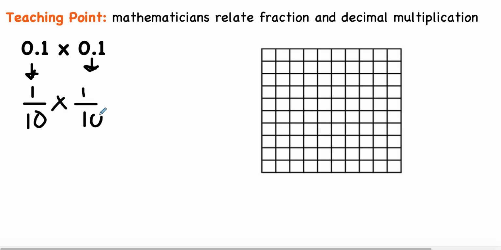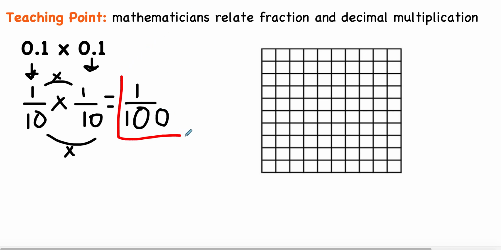I've learned that when I'm multiplying fractions, I can actually multiply across, meaning I multiply the numerators together and multiply the denominators together to get my product. So 1 times 1 is 1 for my numerator. 10 times 10 is 100 for my denominator, and I get 1/100th.